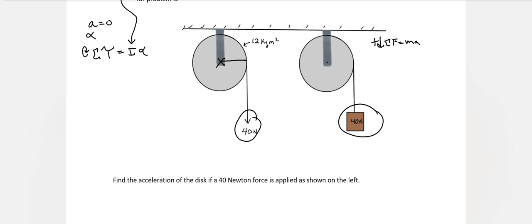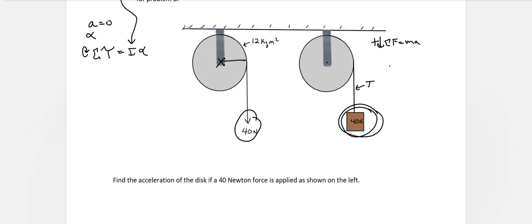Now let's go over to the disk. Draw your free body of the disk. It should have 3 forces acting on it. You've got this rope here. It's got a tension, which acts up on this object, but down here. Then the disk also has a weight, an mg, and it's supported at the pin.